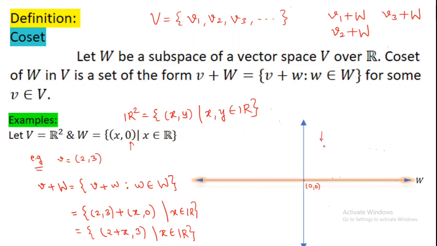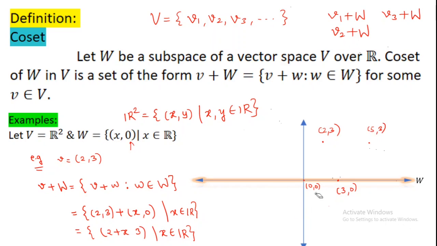Now for the next point (3, 0), whatever point we get: add (2, 3) to (3, 0), so it will be (5, 3). So (5, 3) will be somewhere here.